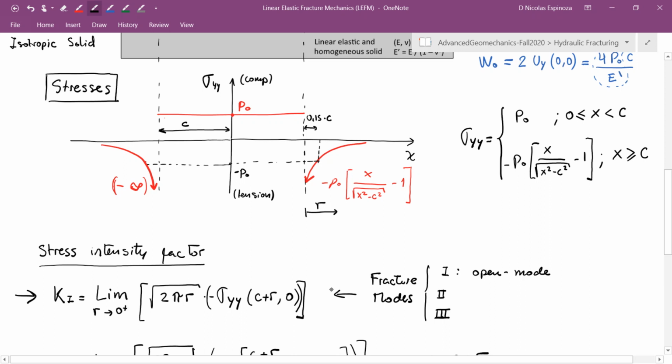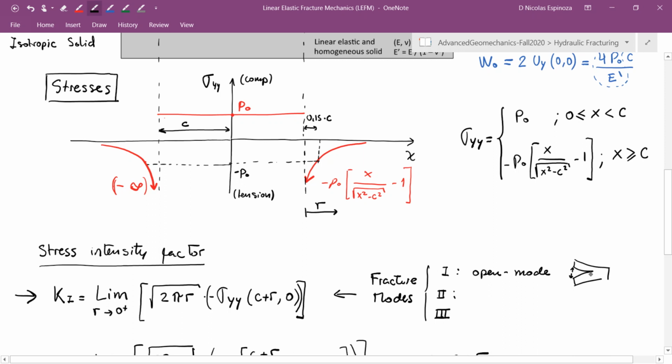Before we go ahead, let me mention a few things. Here we're going to talk about the stress intensity factor K1 or Ki. This is the one which is called the open mode fracture, or a stress intensity factor for an open mode fracture. An open mode fracture means that I have a material in which the fracture is being done by opening the two sides or the two faces of the fracture.